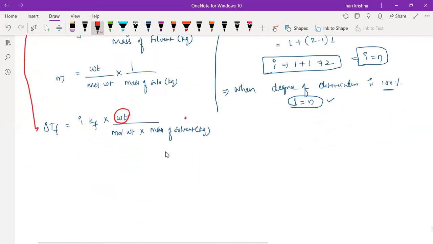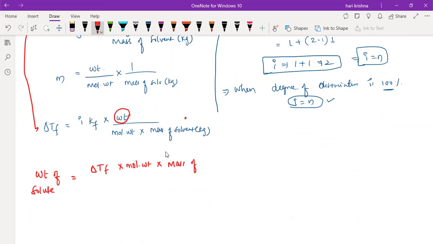So weight of solute equals delta Tf into molecular weight into mass of solvent in kgs by i Kf. Substitute the values, you'll get the answer.